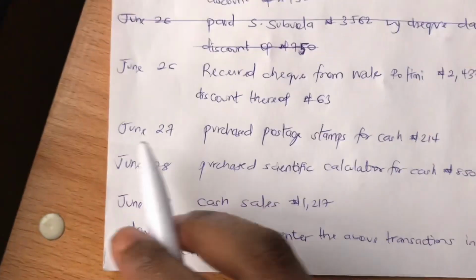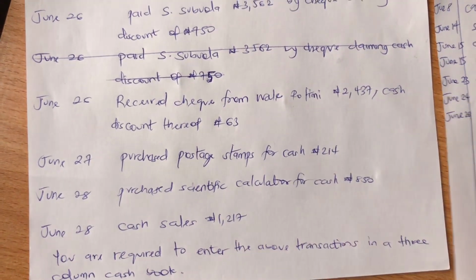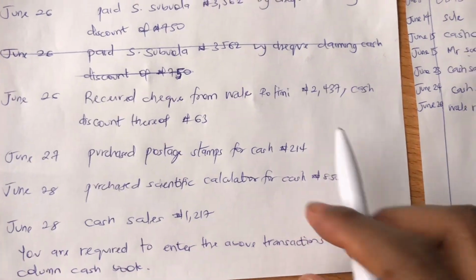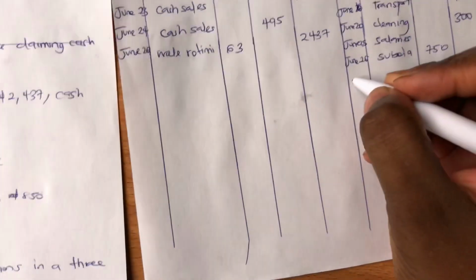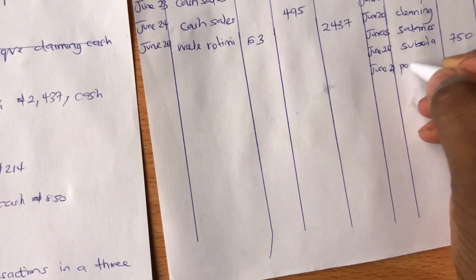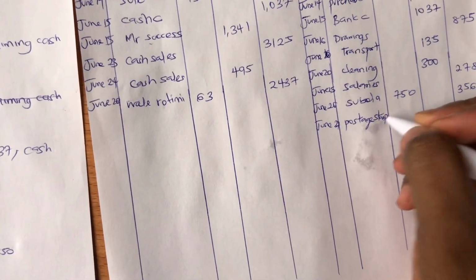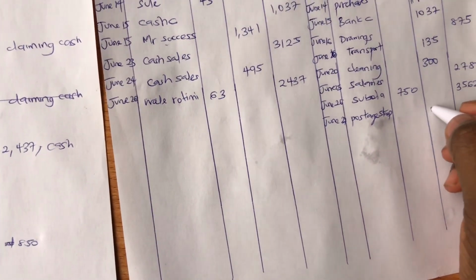So the next one is on June 27, purchase postage stamps for cash at 214 naira. So it's an expense. It's going to be credited. June 27, postage stamps for cash.